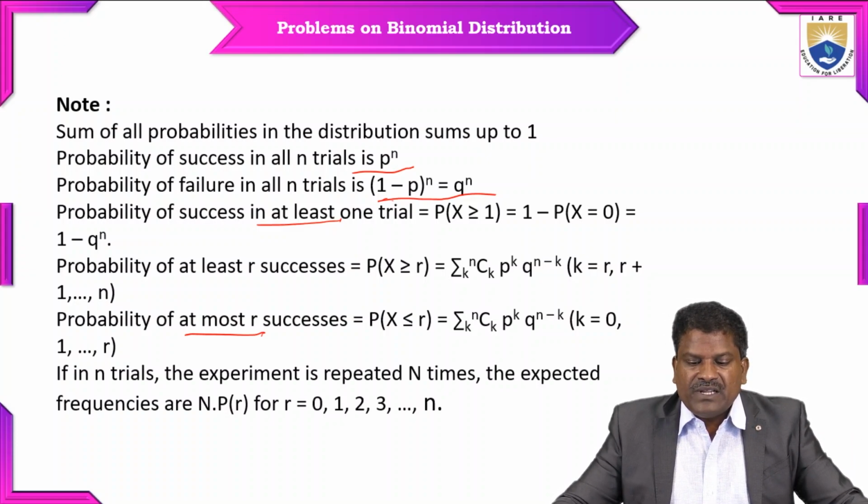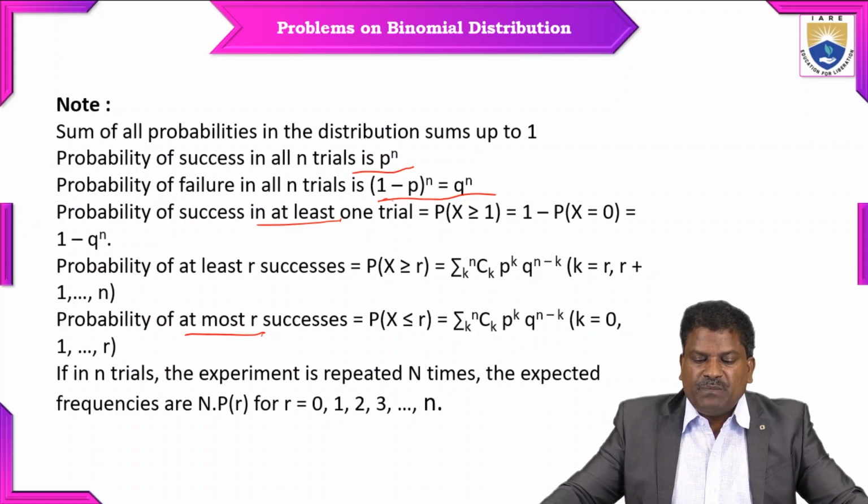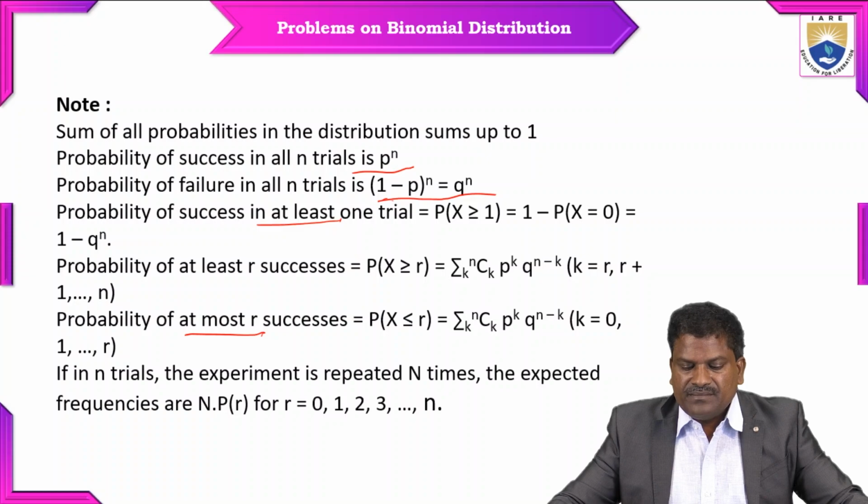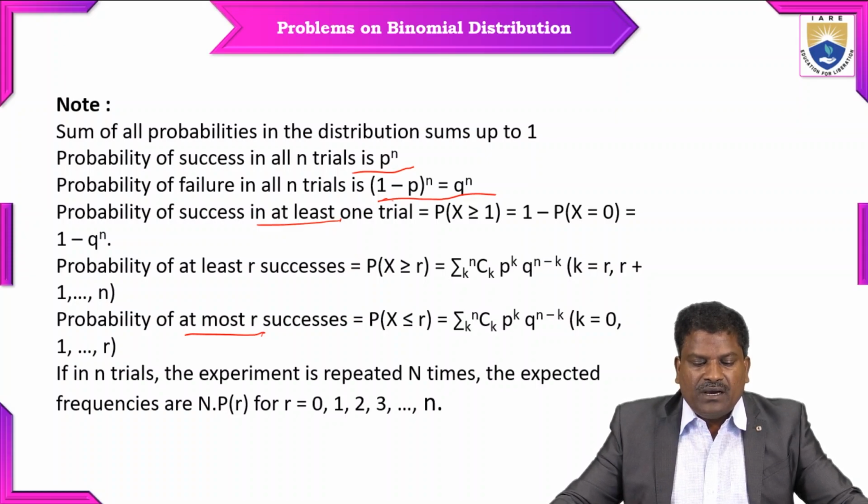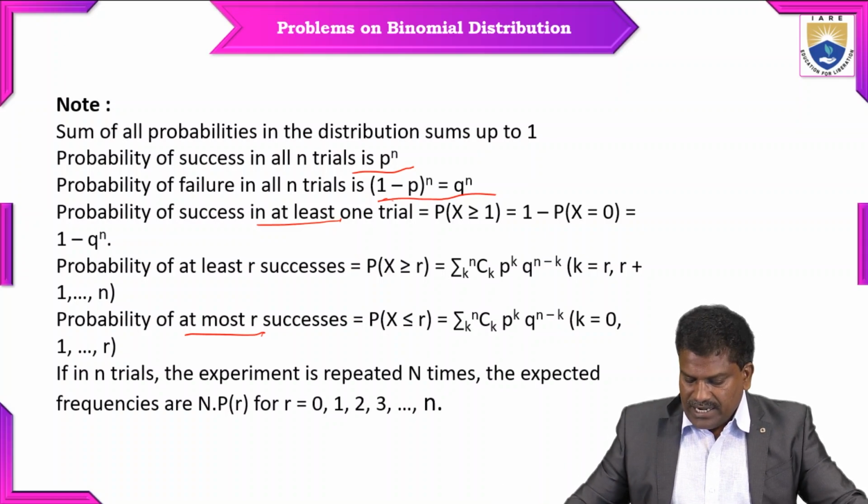That is the difference between the previous one and this one. If the experiment is repeated n times, the expected frequencies are n into P of r, for r equal to 0, 1, 2, 3, etc.